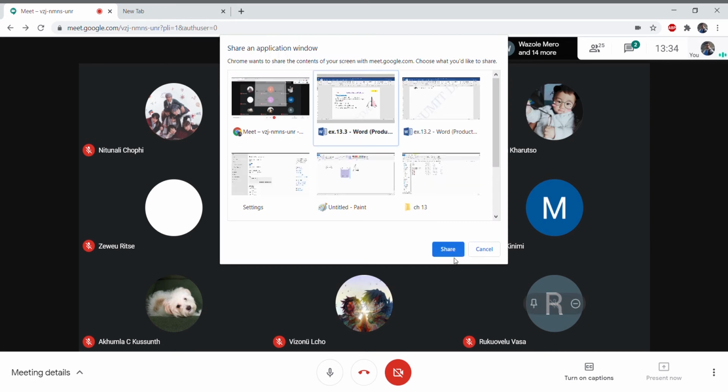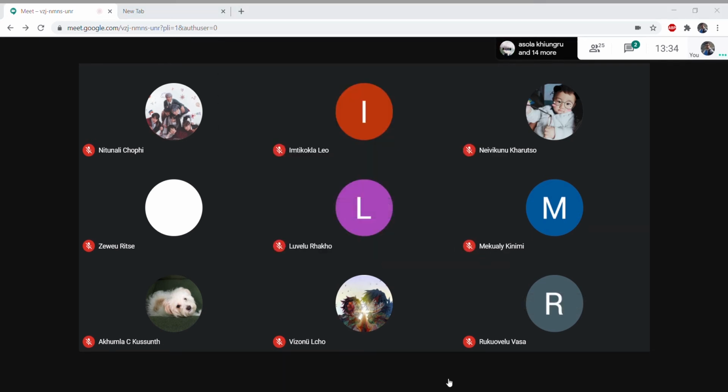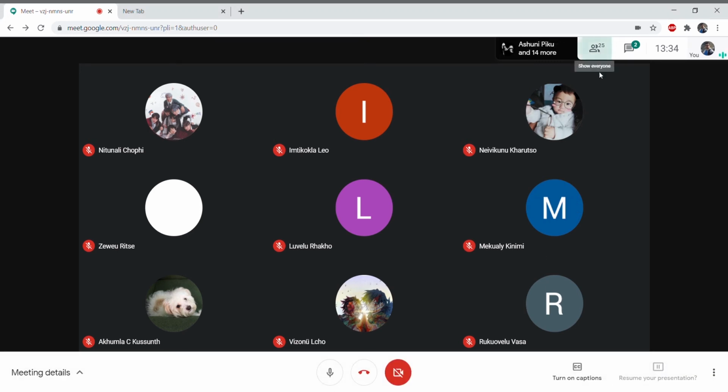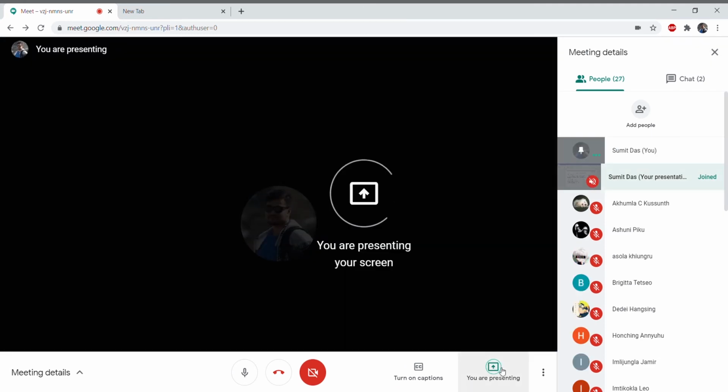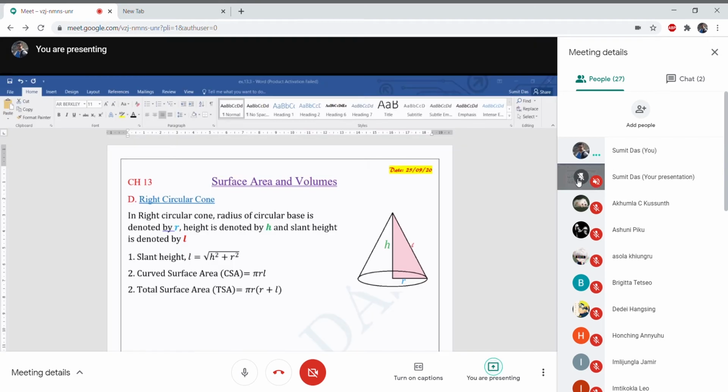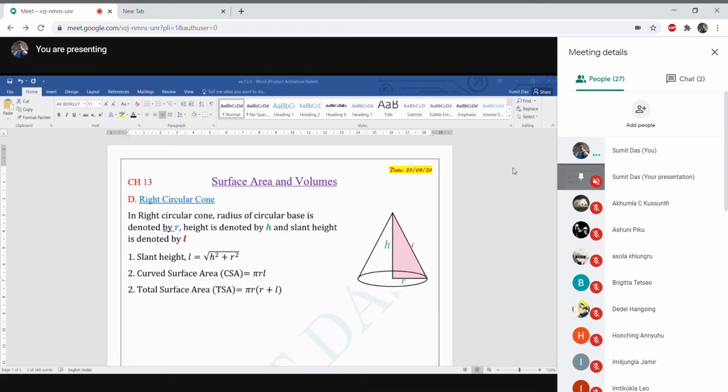Any doubt regarding this part? Any doubt regarding this exercise 13.2? Any question? Is there any doubt? We already completed 13.2. I'm giving 1 minute. If there is any doubt, I will discuss the next topic, right circular cone.